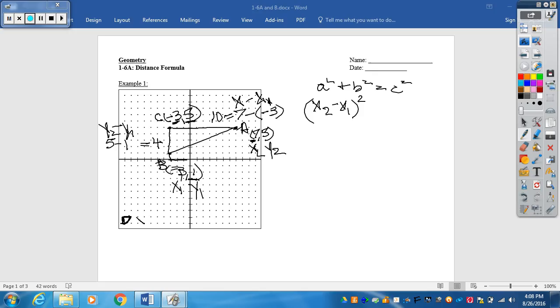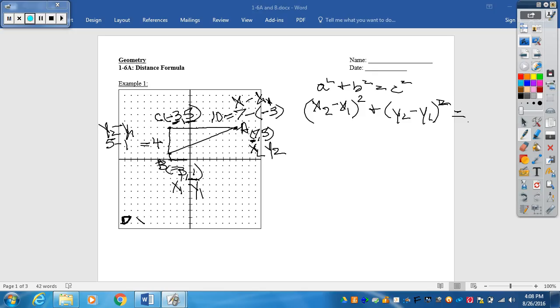So that would be a squared, that would be this leg over here, where the 10 is. Plus, for the other leg, I'm going to do y sub 2 minus y sub 1 squared. Okay, so we've got both legs squared is equal to the hypotenuse squared.